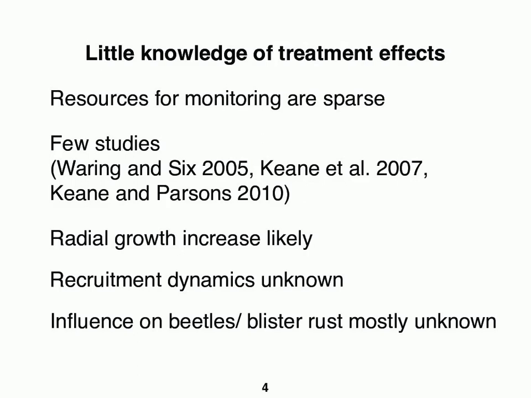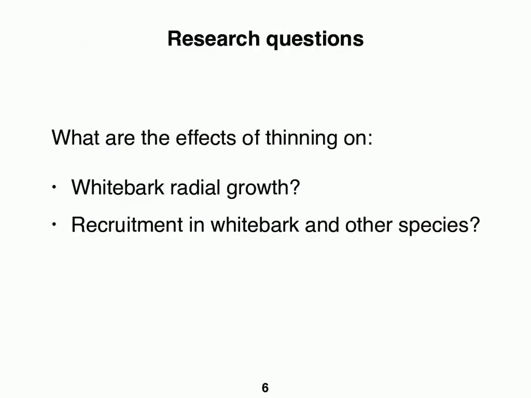We basically know nothing about recruitment dynamics, although theory suggests that we should see an increase in recruitment when you remove competing species. Also, it's mostly unknown what the influence is on beetle impacts and blister rust impacts, although we do have some evidence that suggests that there may be some risks associated with doing these kinds of treatments.